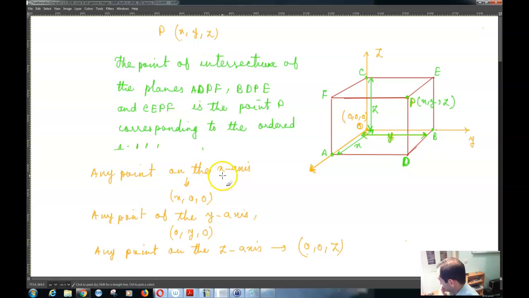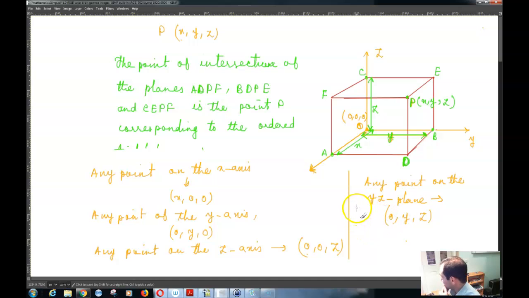And then when it comes to the planes, you can say that, for example, any point on the YZ plane will have coordinates, so if you are on the YZ plane, over here on this plane, that means that your x is going to be equal to 0. So it's going to be 0, y, z.